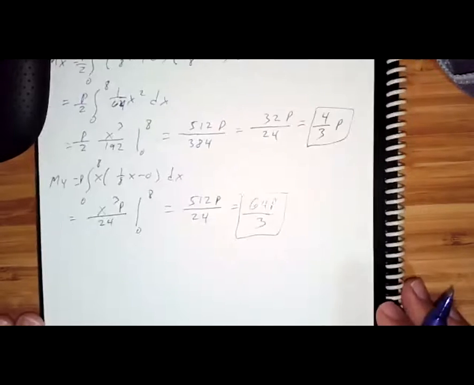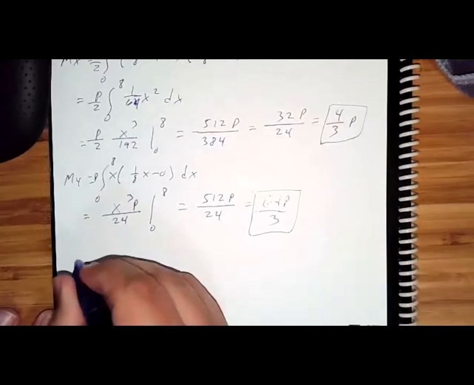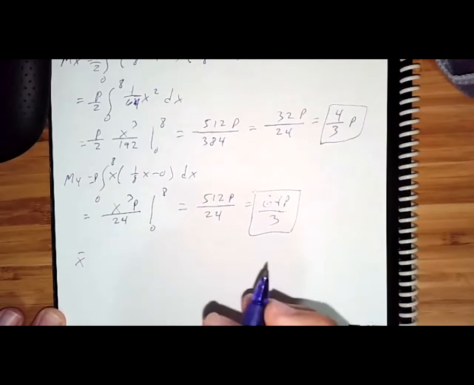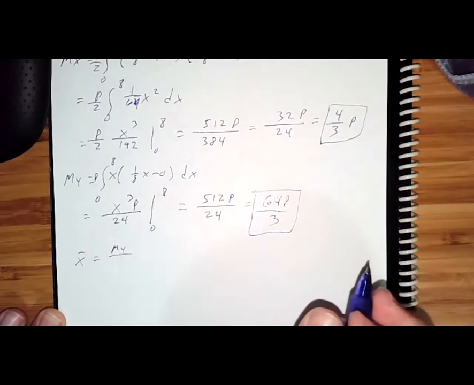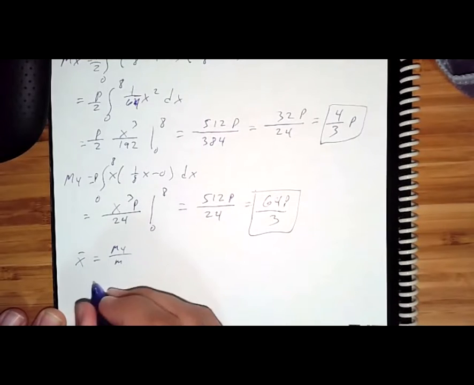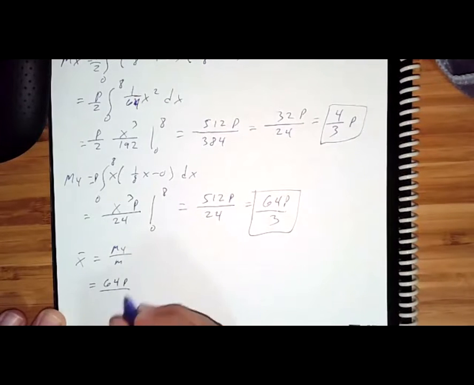Okay. So now we just find x bar. Divide these guys. So my over m will give us 64p over 3 divided by little m, which is 4p. So that will be 16 thirds.